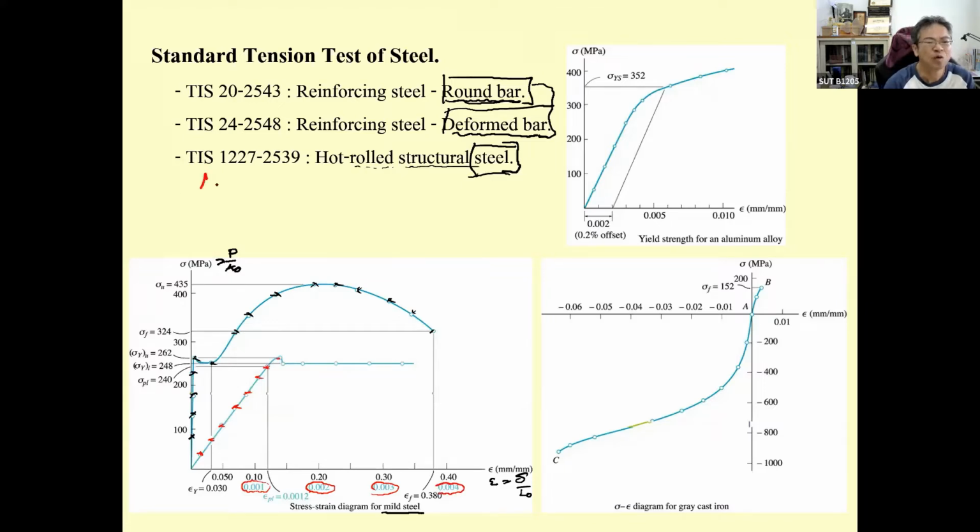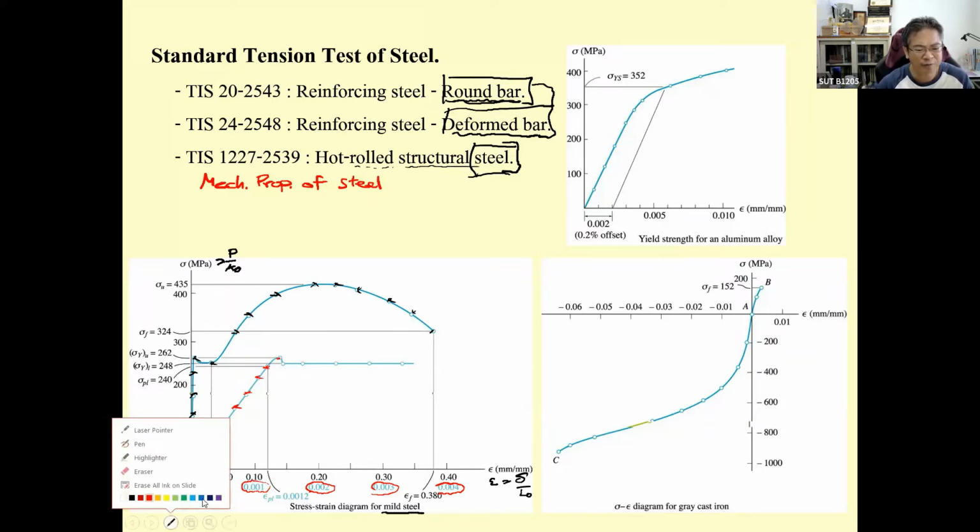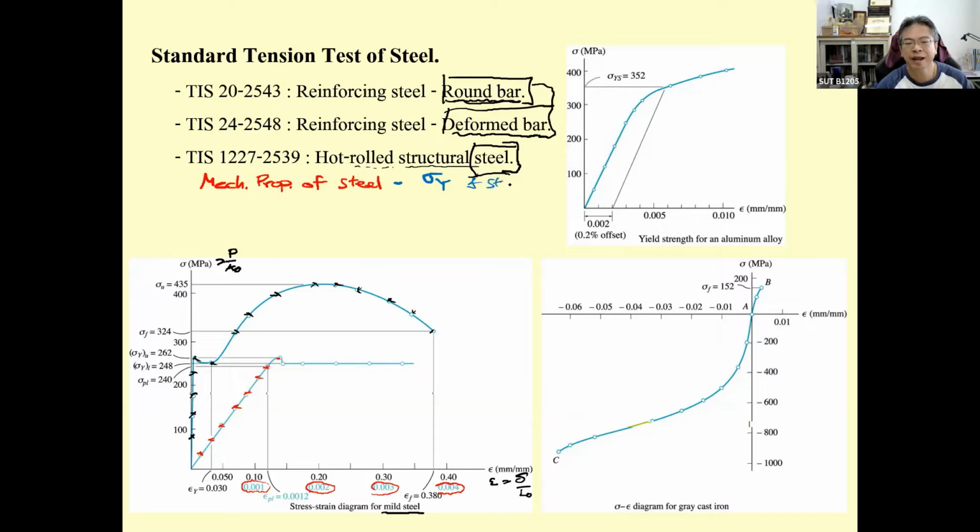So when we test the steel, we need to find the mechanical properties of this steel. The TIS requires you to find at least 4 of them. So these 4 are very important for you to know. The first one, you have to find the yielding stress. This is going to be the strength of the material.